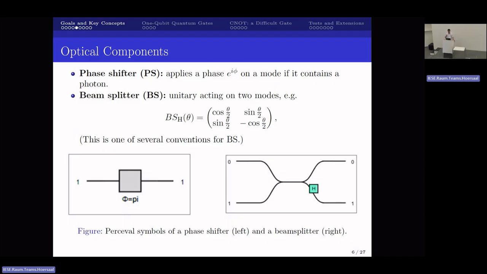But be aware that this acts onto Fock states and not the qubit states. But we will see that there's still a correspondence, a connection between the two. Here are 2 representations of, on the left, a phase shifter, and on the right, a beam splitter.